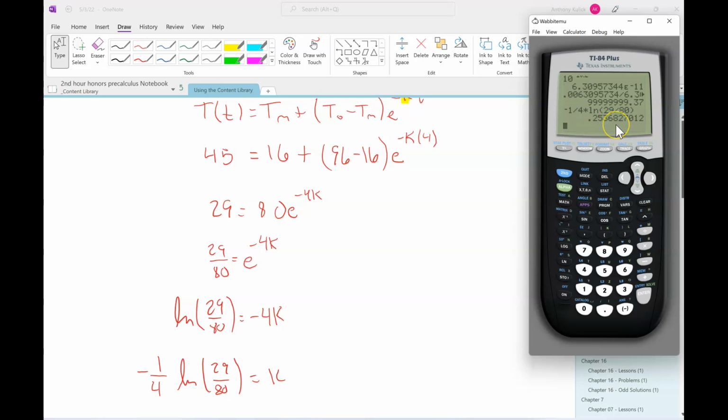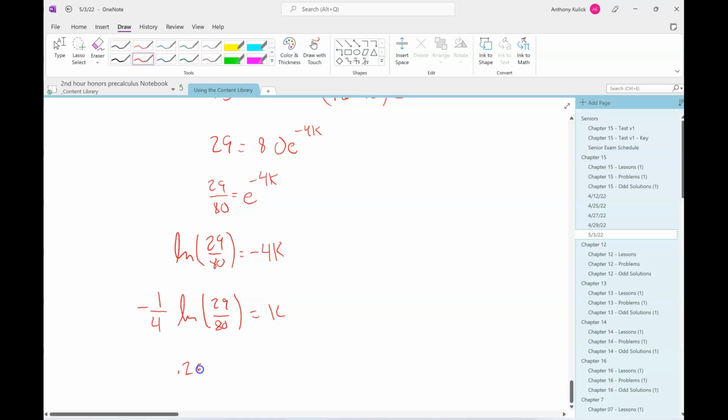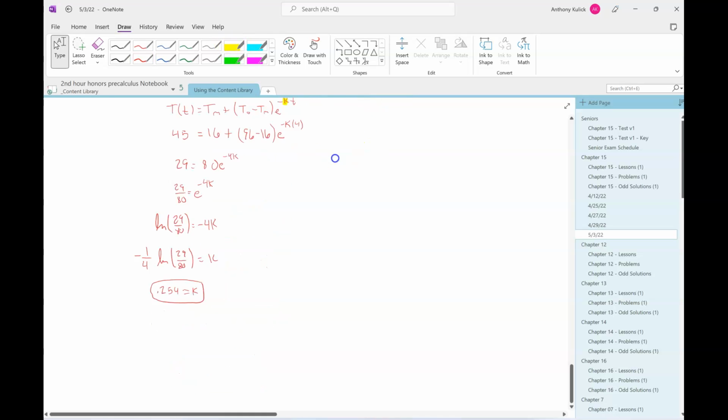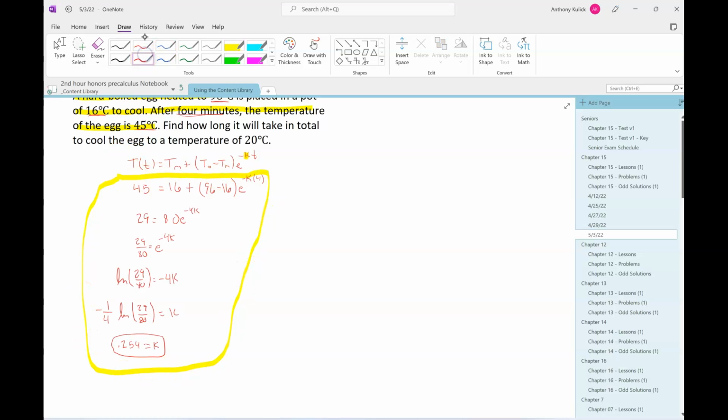So I get about 0.254. So that's like the yellow part. Let's actually put it there. Okay. Everybody cool?